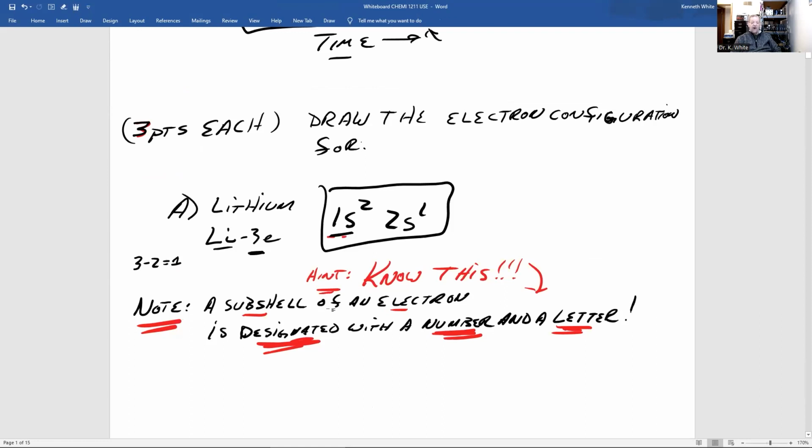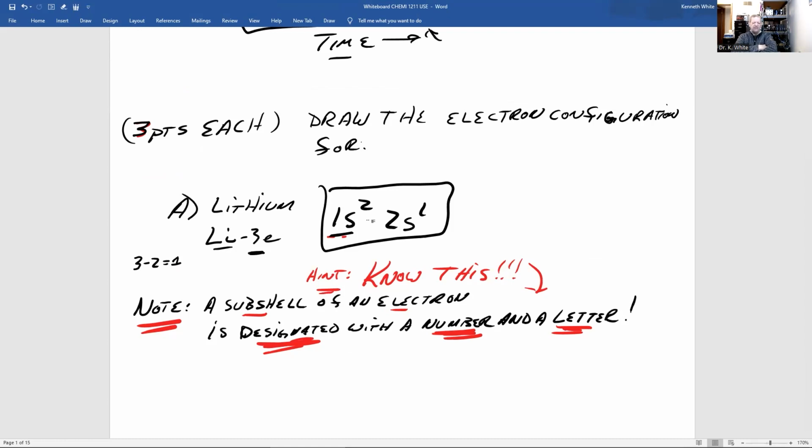1s. Remember, all subshells of an electron configuration are designated with a number and a letter. Now, I can put in a maximum of 2. I do. Now, shell 1 has only 1 subshell, 1s.